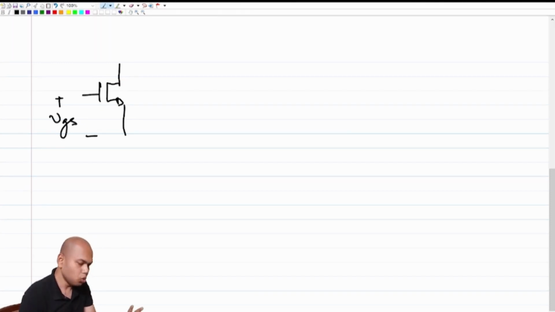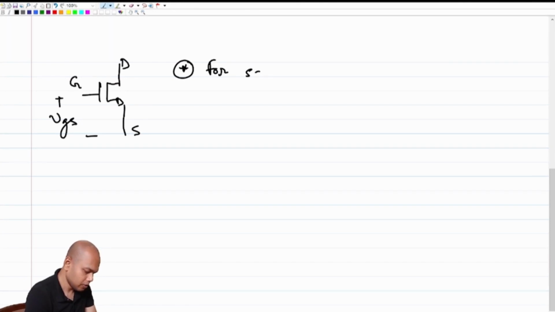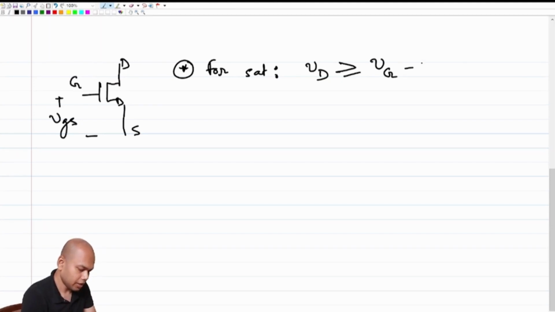the subtext is that the transistor is in saturation. We saw that there were two conditions that we needed to maintain, right? What were the two conditions? So this is gate, this is drain, this is source. The primary condition that we had to maintain for saturation was that the total drain voltage Vd had to be greater than or equal to the total gate voltage Vg minus the threshold voltage, right? Okay.